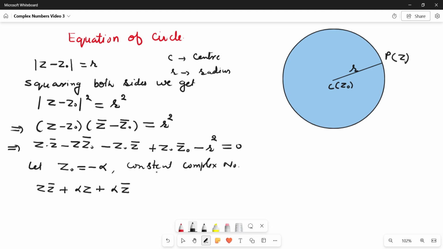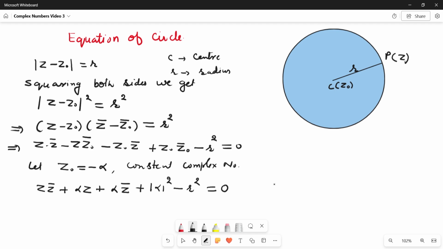So minus minus plus, so this will become minus modulus alpha square minus r square. So this minus minus will become a plus, which is equal to 0.